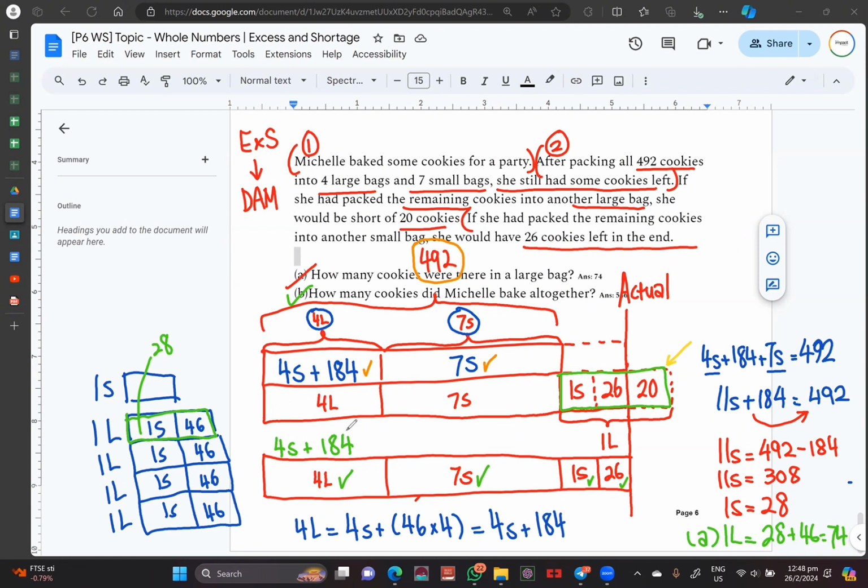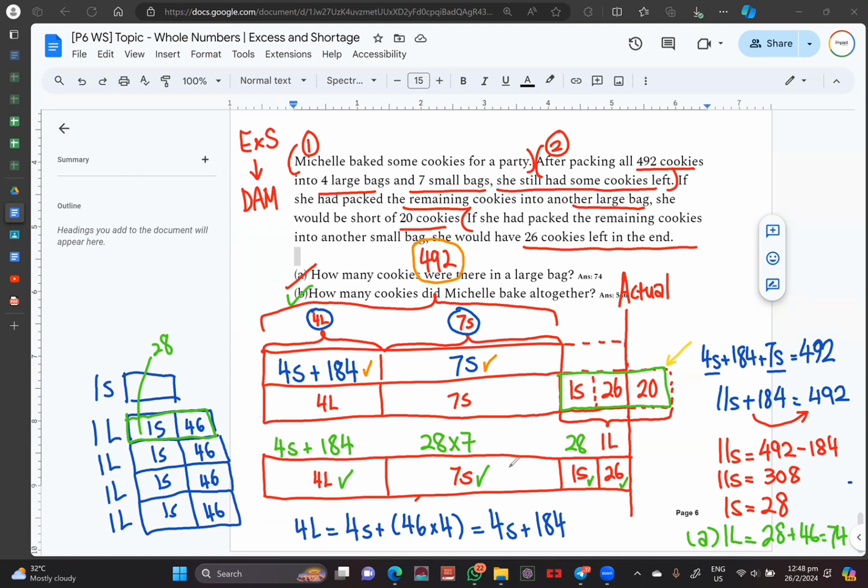So you make the large the same as small. So 4 large becomes 4 small plus 184. 7 small, we already know it is simply 28 times 7. Why 28? Because 28 is for 1 small. And then this itself is 28. Isn't that true? Now you add everything up together.